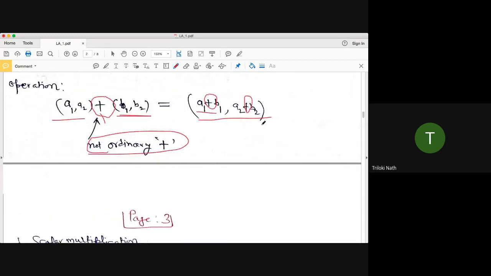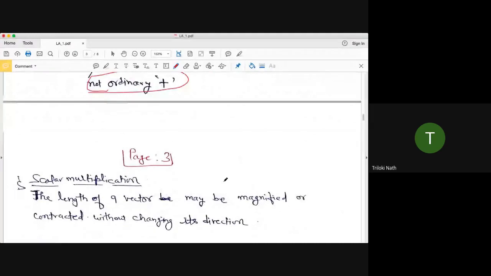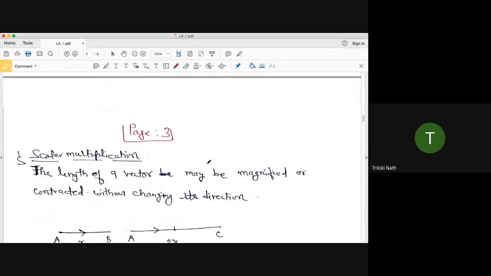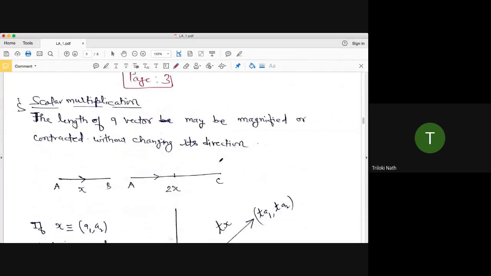Another natural notion is called scalar multiplication. That is also a type of operation on the vectors. For example, suppose this vector AB is x. So what do you mean by 2x? If x is a vector representing AB, then what is the vector 2x?